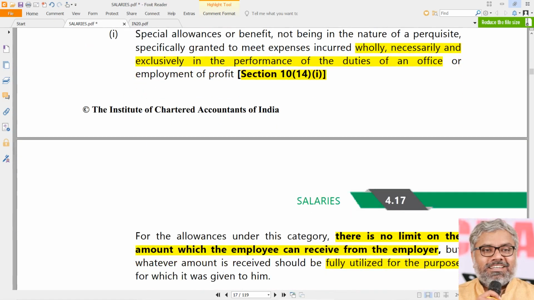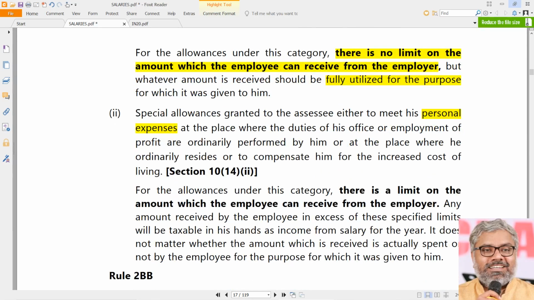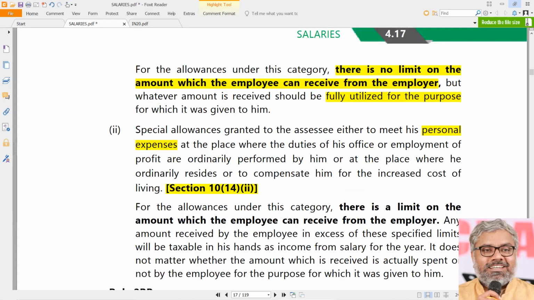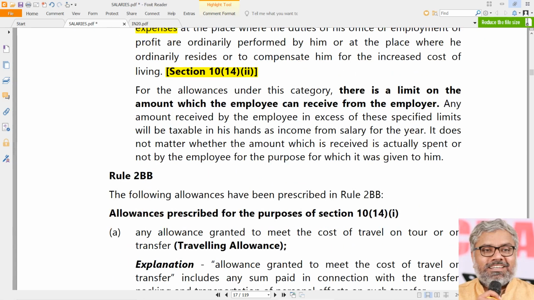10(14)(i) talks about allowances given for the purpose of meeting official duties. Section 10(14)(ii) talks about allowances given which give some kind of personal benefit to the employee because they are generally used by the employee for personal purposes. But here exemption is not full.